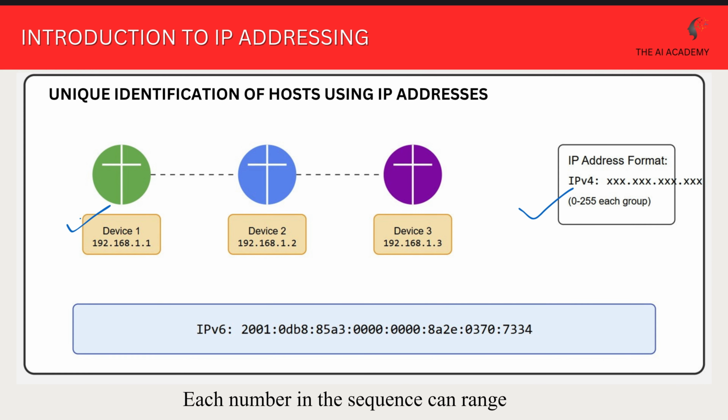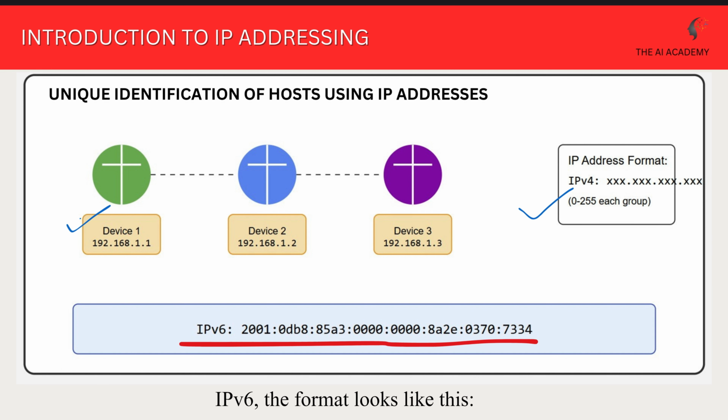Each number in the sequence can range from 0 to 255, separated by dots. In IPv6, the format looks like this: 2001:0db8:0000:0000:08a2:e037:0734, allowing for many more unique addresses.